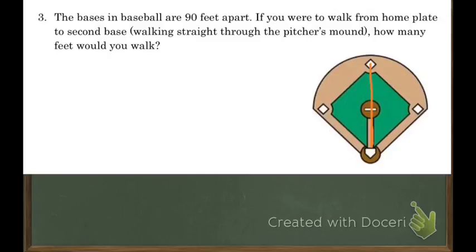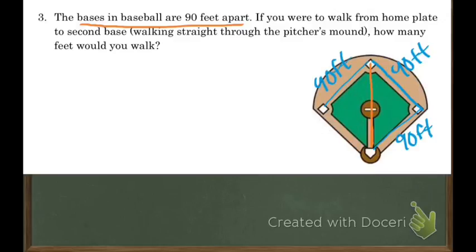So if we know that the bases are 90 feet apart, that means that from home plate to first is 90 feet. And from first to second is 90 feet. And from second to third would be 90 feet.